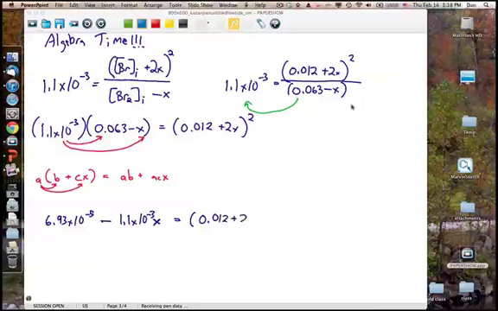(0.012 plus 2x) squared. Now, the whole process we're trying to get to is to move all of the x's to one side of the equation and all of the constants to the other. Though in reality that's usually not how we do it, that's the process we're working towards.